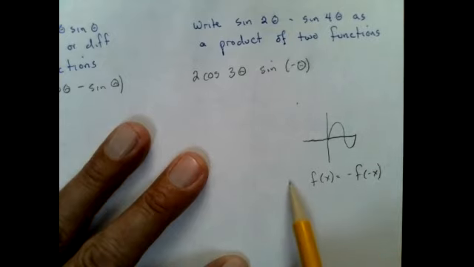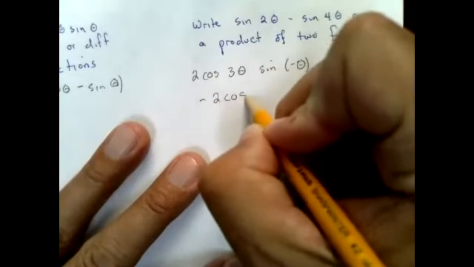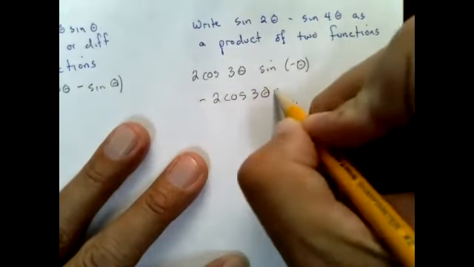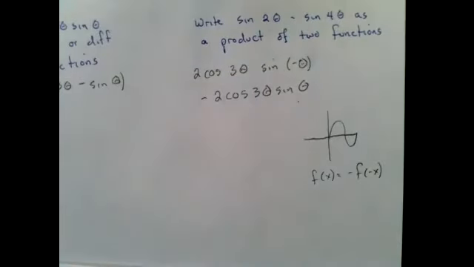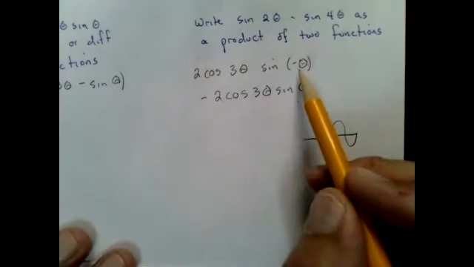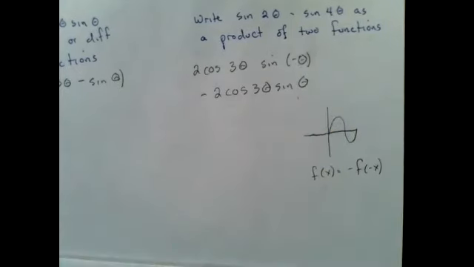So if I brought that negative over, this really would become negative 2 cosine of 3 theta sine of theta, because the sine of a negative value is equal to negative the sine of the regular value.